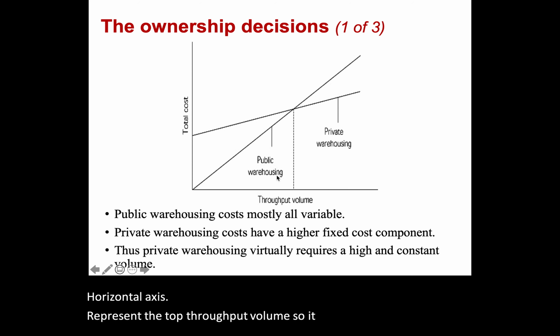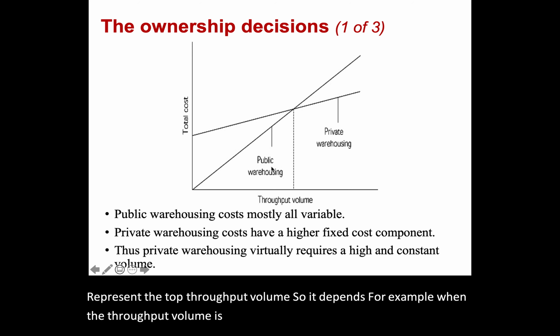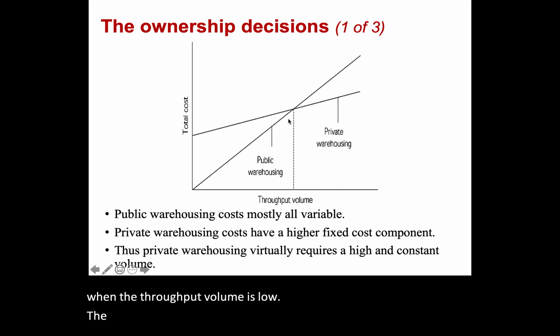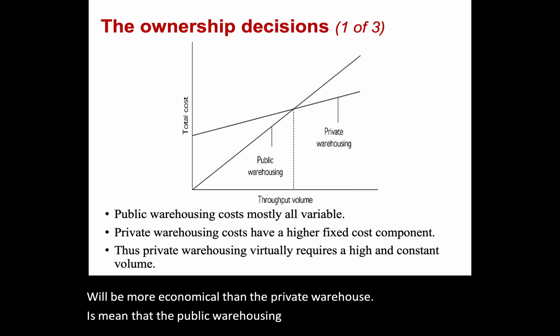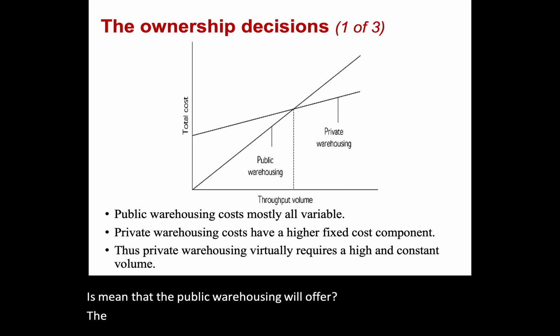For example, when the throughput volume is low, the public warehouse will be more economical than the private warehouse. It means that the public warehousing will offer the less cost than the private warehouse, and vice versa.